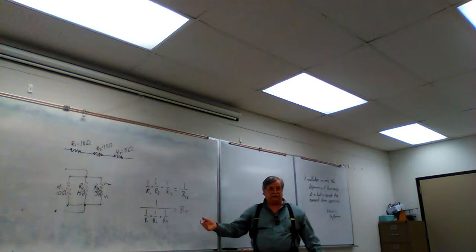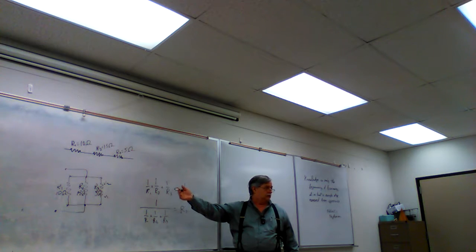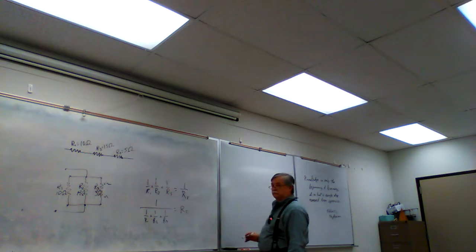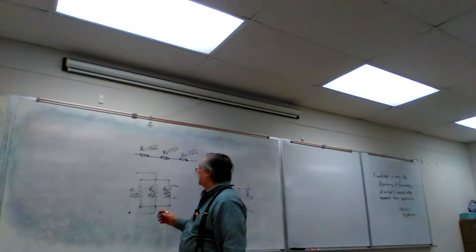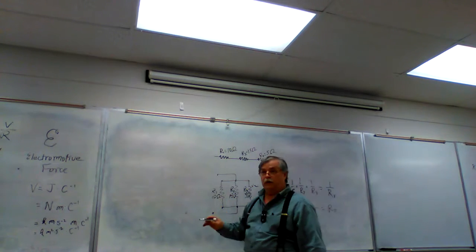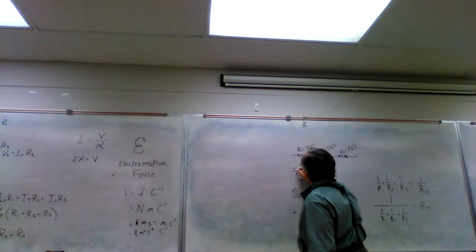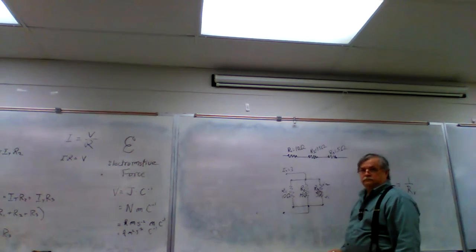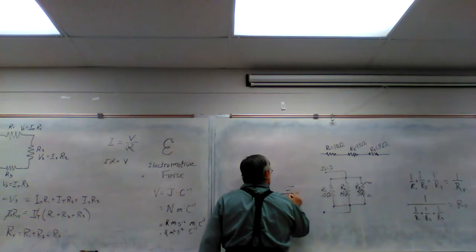Now, by definition, we know that the total voltage applied to the circuit is applied to every resistance. Right? What we don't know is the total current. Let me go ahead and draw it out.